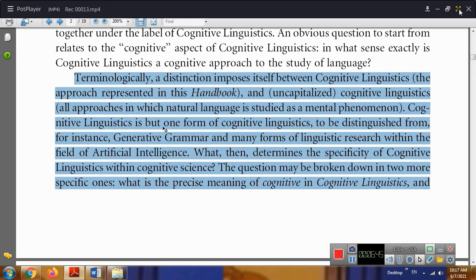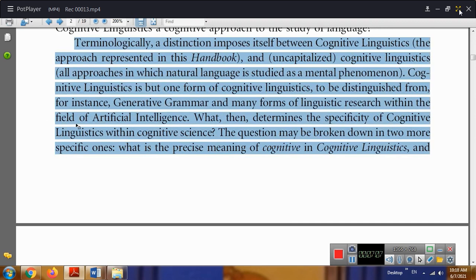Cognitive Linguistics, which we write in capitalized form, is one form of cognitive linguistics, to be distinguished from, for instance, generative grammar and many forms of linguistic research within the field of artificial intelligence.